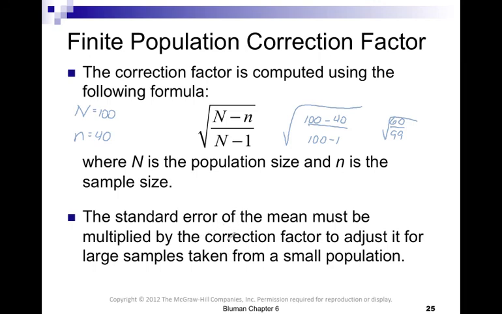In other words, your denominator, instead of just being sigma over the square root of n, when you did your z-score, it would be x bar minus mu, and then you'd have your sigma over the square root of n, and you'd multiply that by the square root of N minus n over N minus 1.